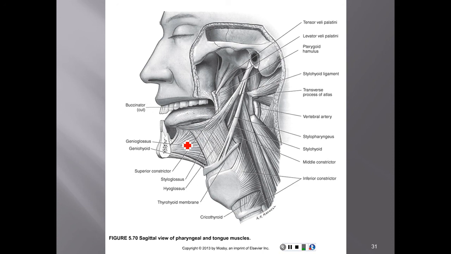So there are three overlapping constrictor muscles, and these are the pharyngeal and tongue muscles. They are the superior, middle, and inferior that are responsible for constricting the pharynx and inducing peristaltic waves during swallowing.